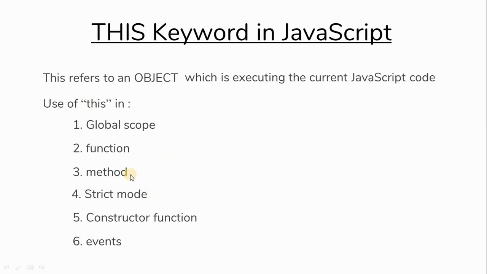If you use it in a method, it will work one way. If you use the same keyword in a function, it will work entirely differently. So these are all the different places where we will be using this keyword. Let's jump in and learn how this keyword works in global scope now.